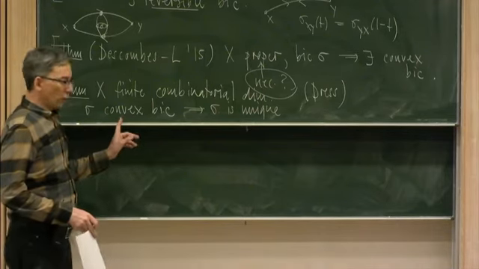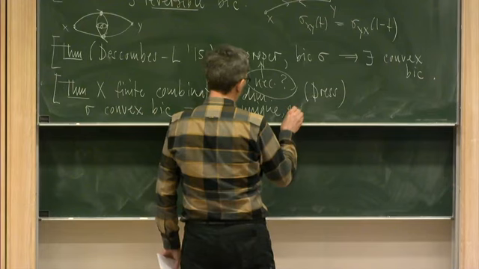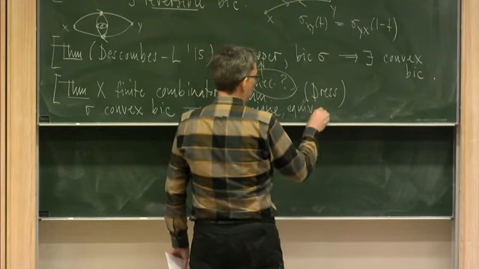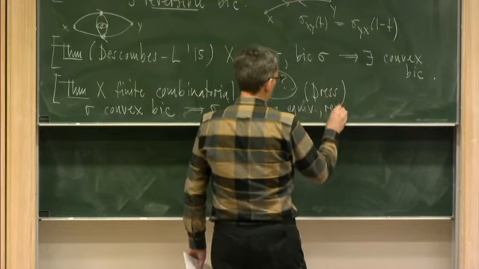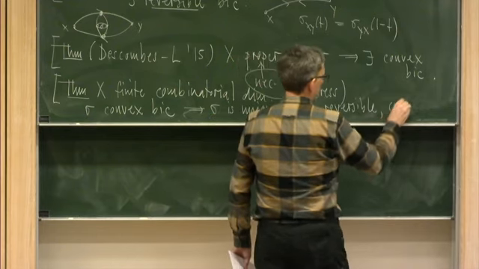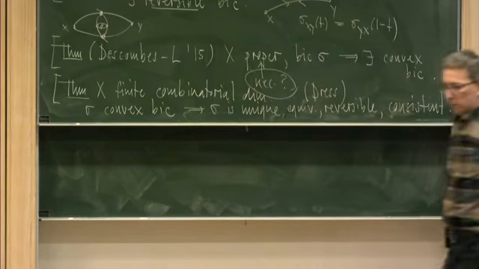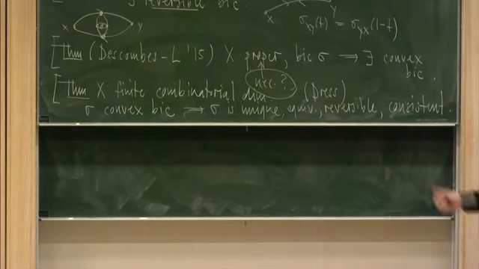So it's the only convex bicombing on the space, so it's unique, and then it's also equivariant, it's also reversible and consistent. So you get everything you want in this case.